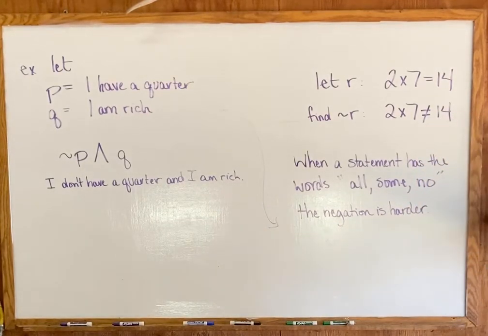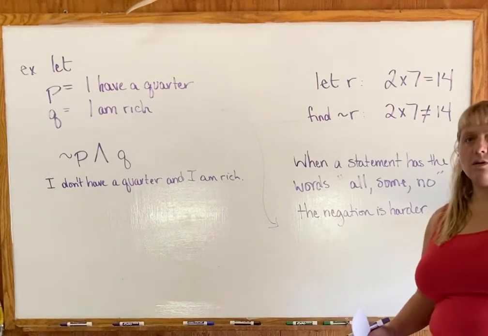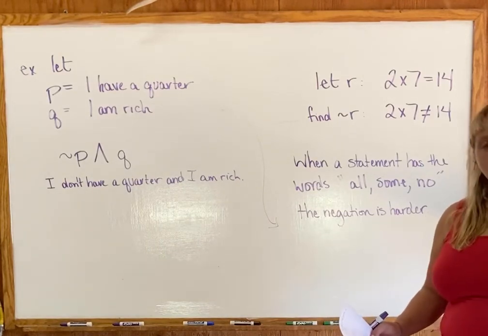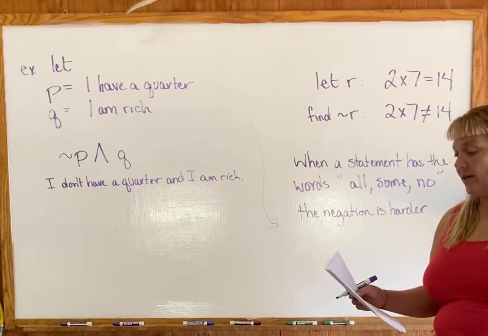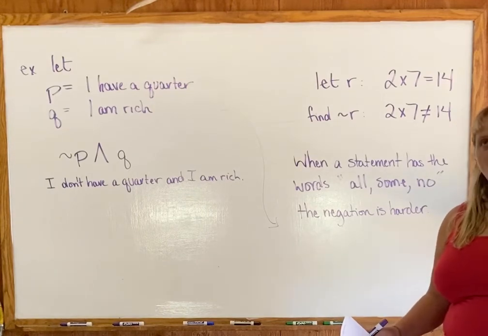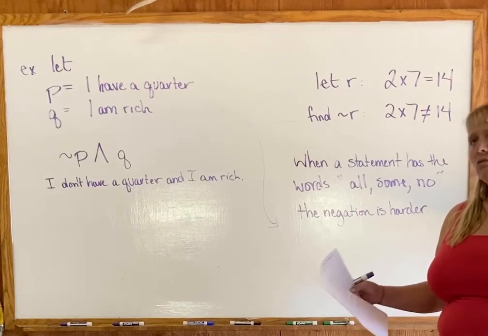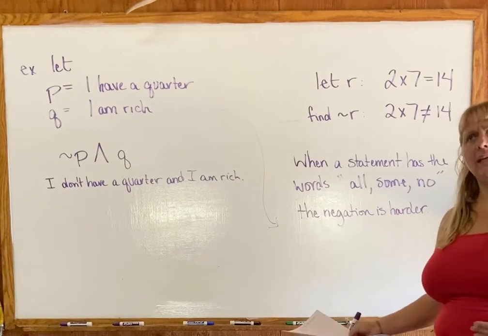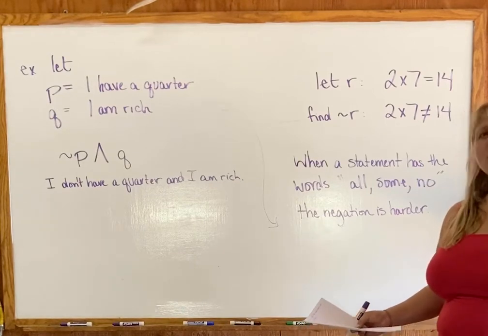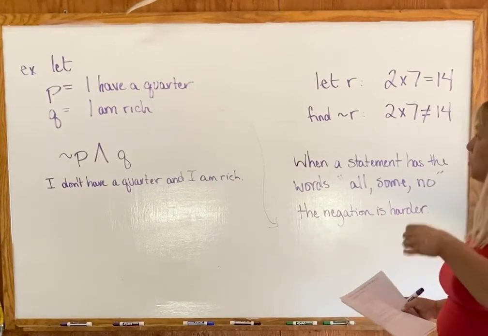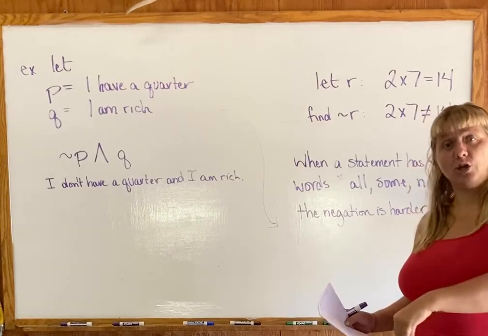If you say some people eat pizza, and we want the negation of that, you would say no people eat pizza. It's a little bit harder to write that sentence because you don't just include the word not or don't.